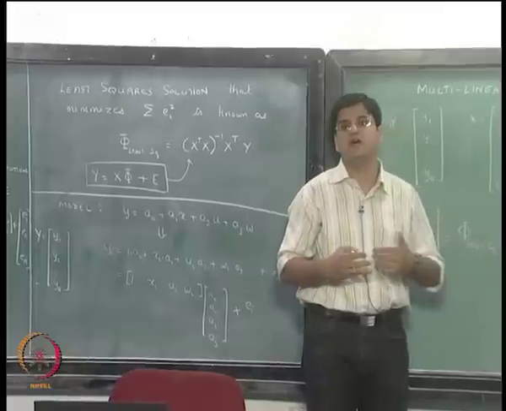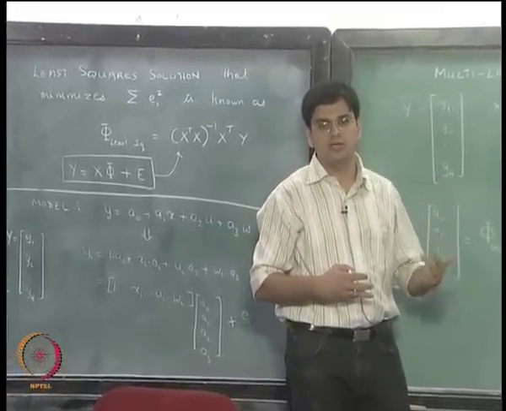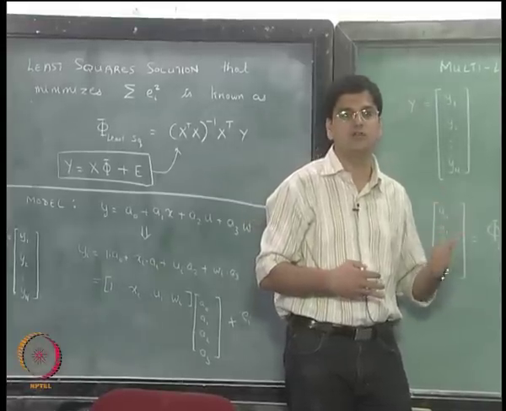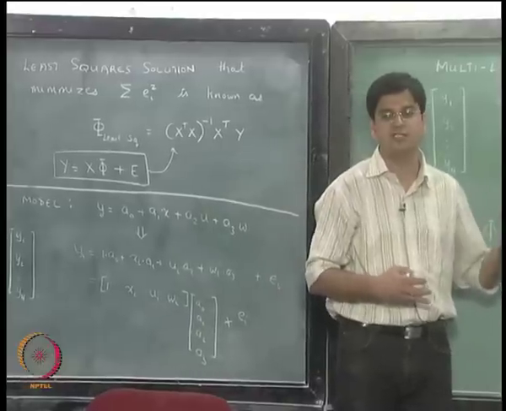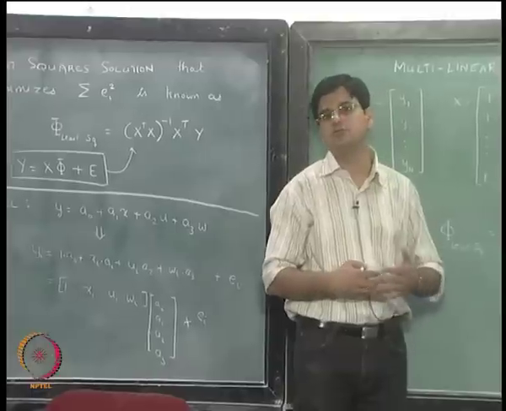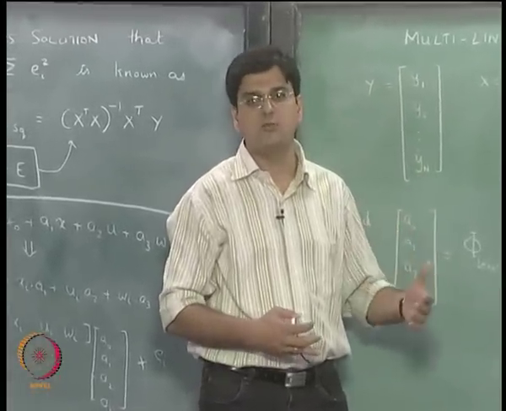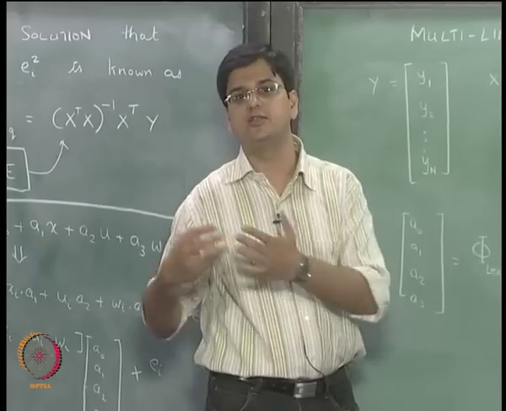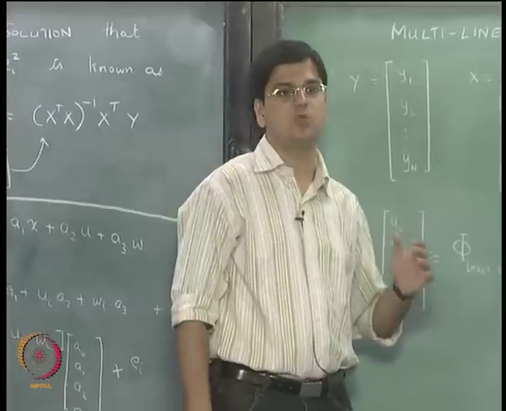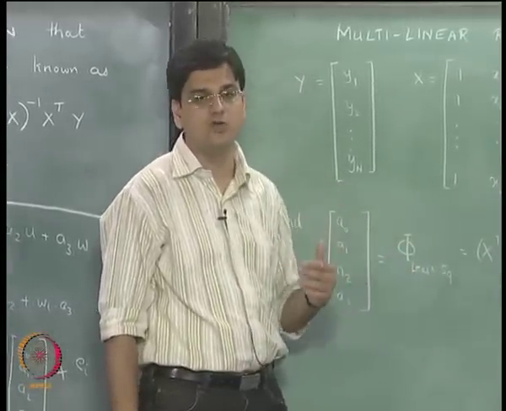For example, when we have the independent variables as X, U and W, we will essentially get 4 equations in 4 unknowns. The 4 unknowns are A0, A1, A2 and A3, and then we can solve these equations using any of the linear algebra techniques that we have learned in module 3, and we can get the solution of the various parameters that we are interested in. So this is what we have covered in the first 2 lectures of module 5.